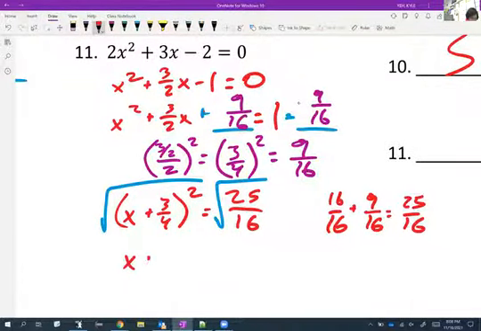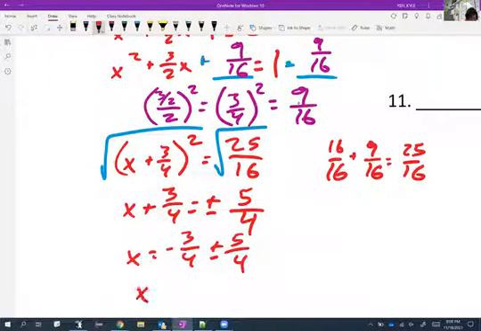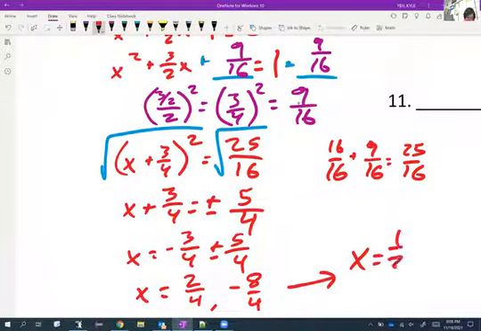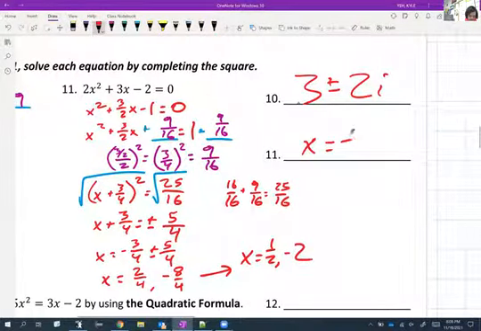X plus 3/4 is equal to plus or minus square root the top, square root the bottom. So x equals negative 3/4 plus or minus 5/4. X equals negative 3/4 plus 5/4, so 2/4, or negative 3/4 minus 5/4, negative 8/4, which means x equals 1/2 or negative 2. And I'm going to write them just in ascending order, negative 2 or 1/2. Those are my two answers.